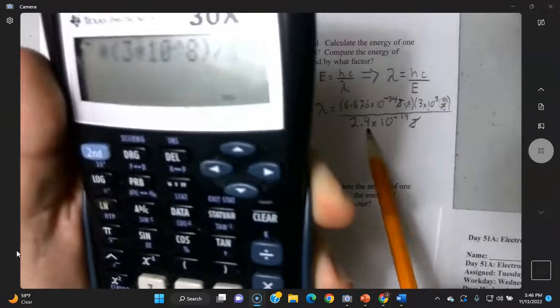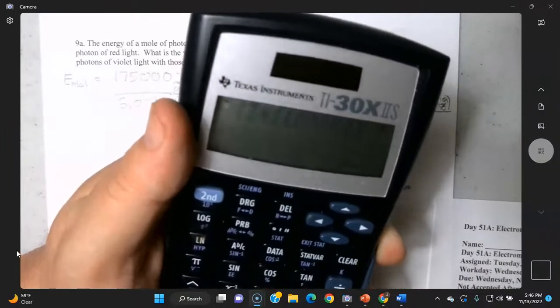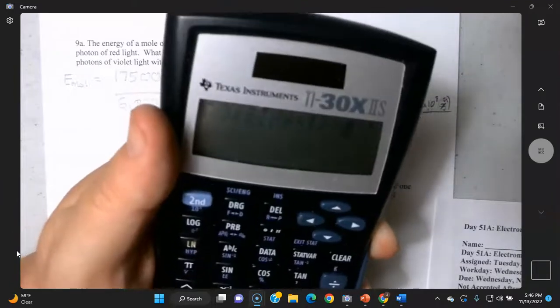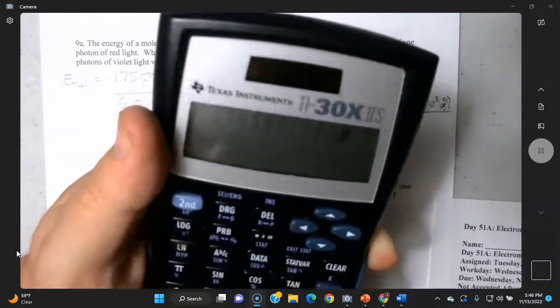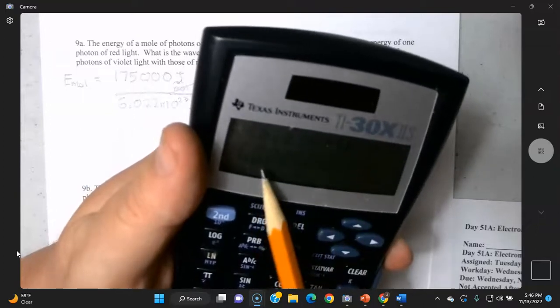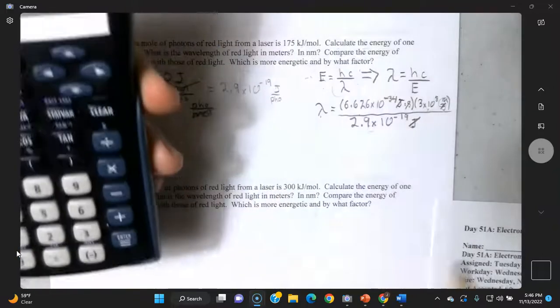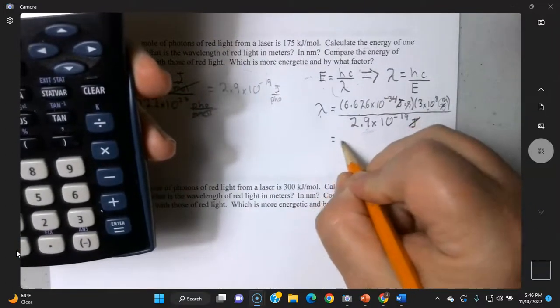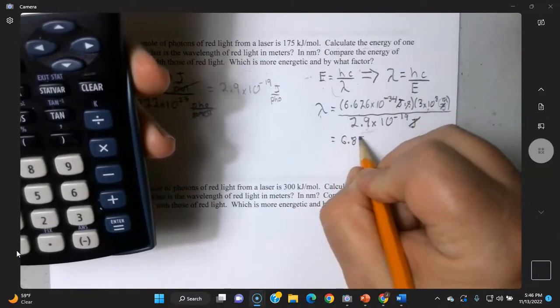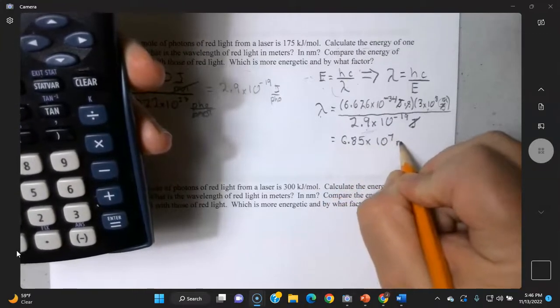And now I'm going to divide it by this number down here, open a parenthesis, and I get this, so 1, 2, 3, 4, 5, 6, 7. 6.85 times 10 to the 7th, and that's in meters.